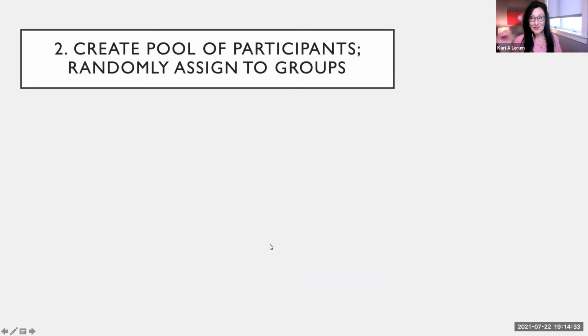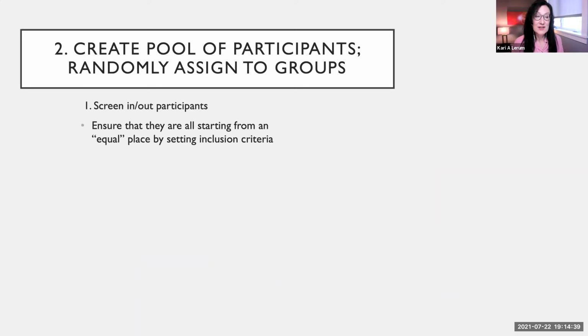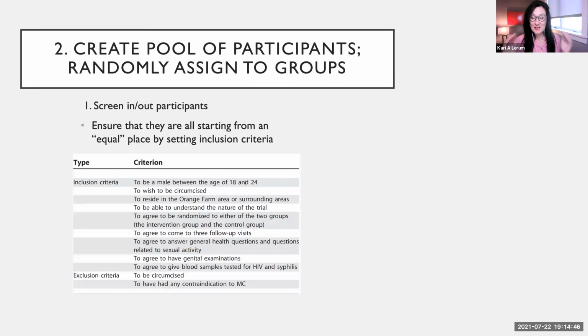Okay, moving on to the second criteria of experiments, you create a pool of participants and then you randomly assign them to two groups. So you screen participants in and out, and you ensure that they're starting from an equal place with inclusion criteria. In this experiment in South Africa on circumcision and HIV, they had to be men between the ages of 18 and 24. They had to wish to be circumcised. They had to live in a particular area, and so on.